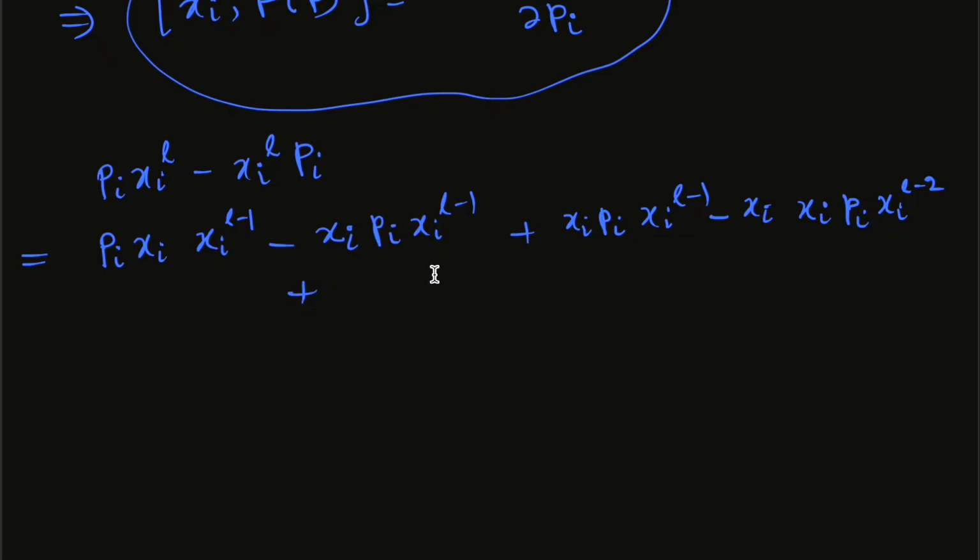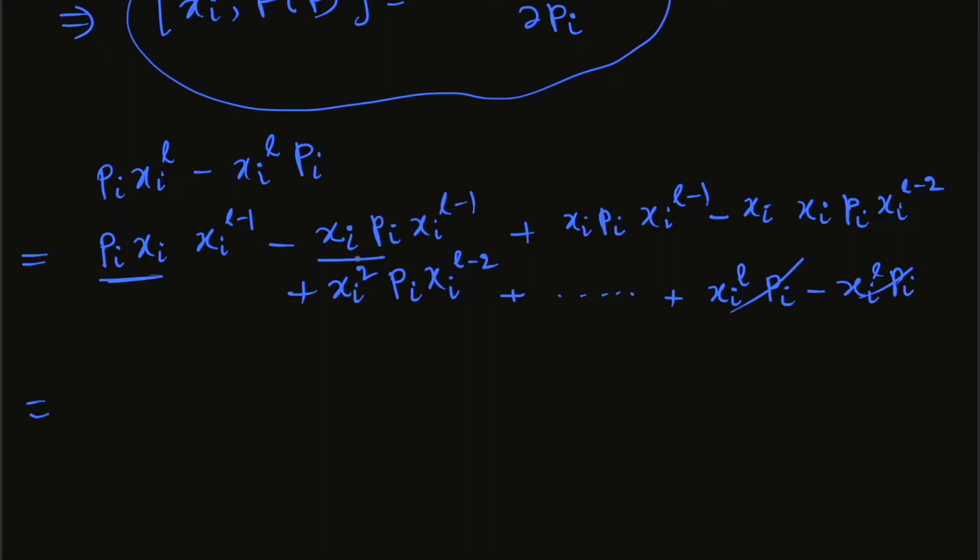So I have to add this term again, x_i square p_i x_i to the power l minus 2. Similarly, if we go like this, we'll get the last term, that will be x_i to the power l p_i, and x_i^l minus x_i^l p_i. So this term cancels.